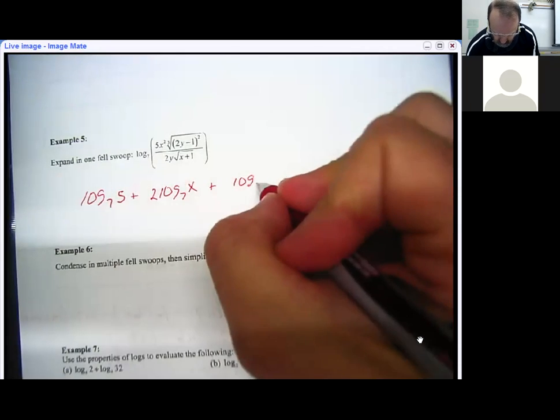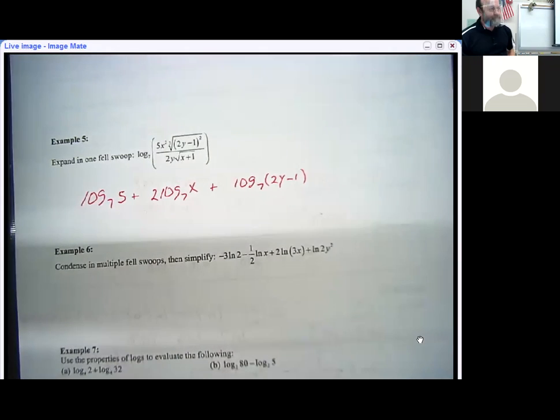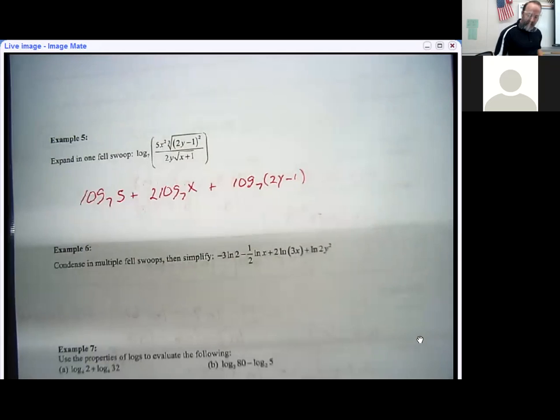I'm going to go a little slower on this part because this is a little tricky. What is the exponent on that 2y minus 1? Oh boy, I hope you remember this one. See if anybody remembers. What is the exponent right now on that? Because you've got to look at it very carefully.